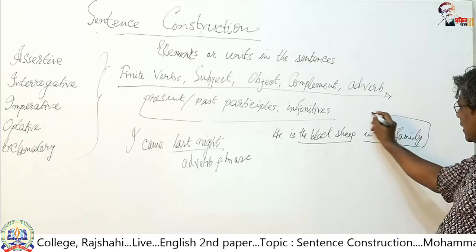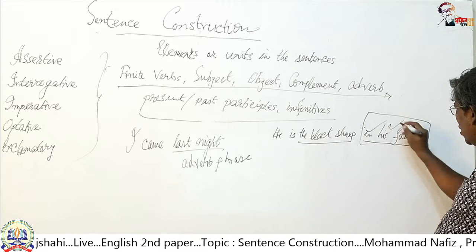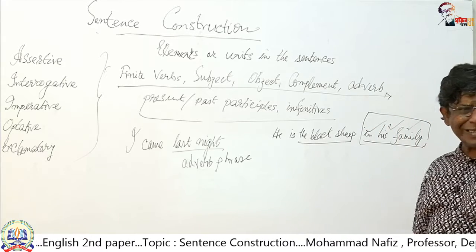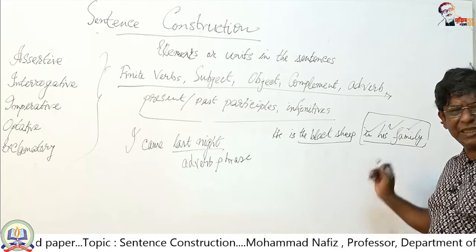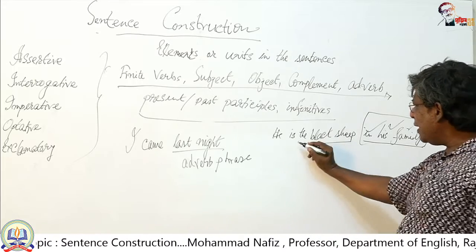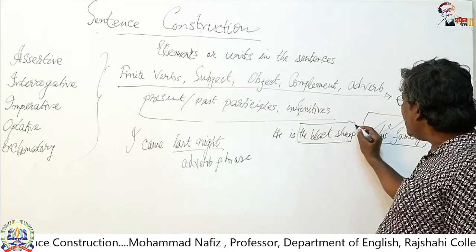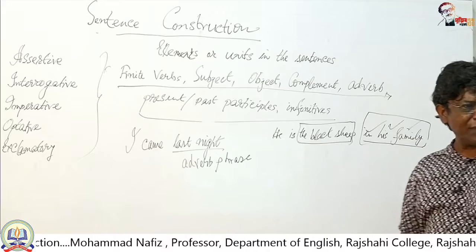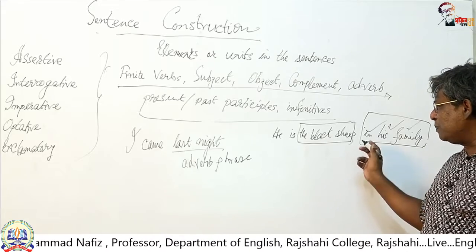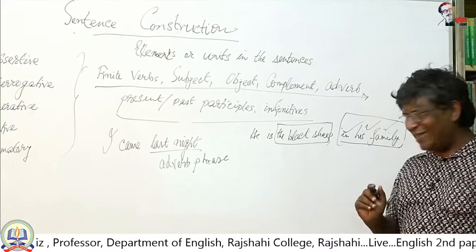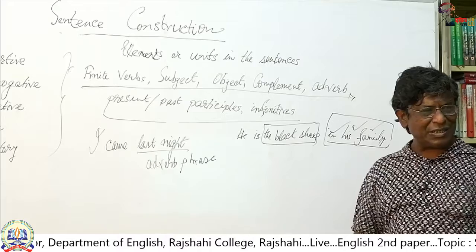The words like his, in or family sustain their meanings in this phrase, but the black sheep means something different. The black sheep does not mean that he is black nor that he is a sheep.